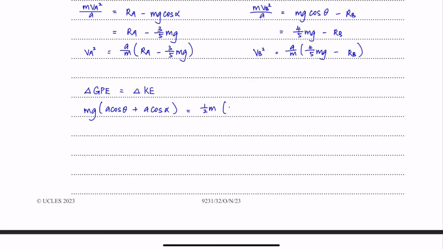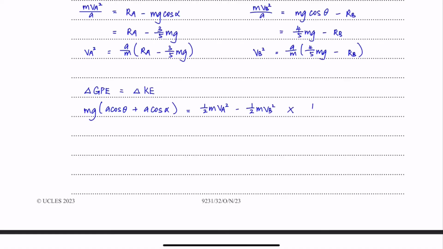So it has to be Va squared minus Vb squared. To have a clearer view, we actually need half m Va squared minus half m Vb squared, because we need the change in the kinetic energy instead of simply the change in speed.